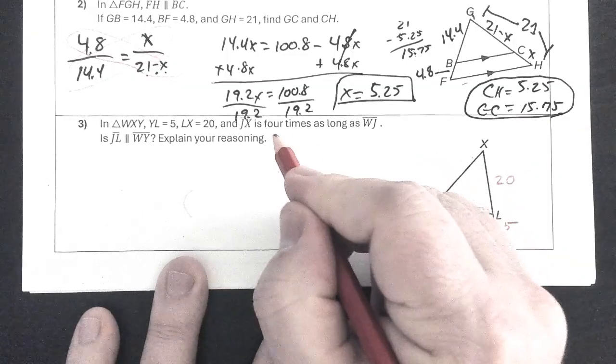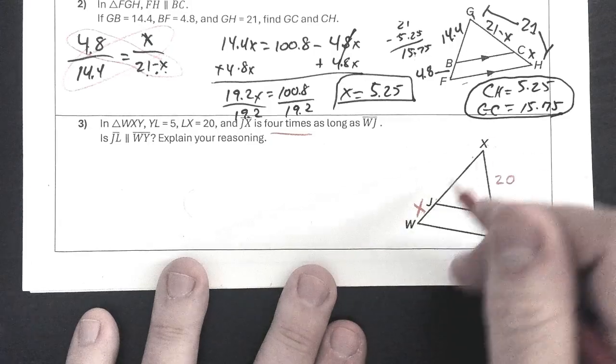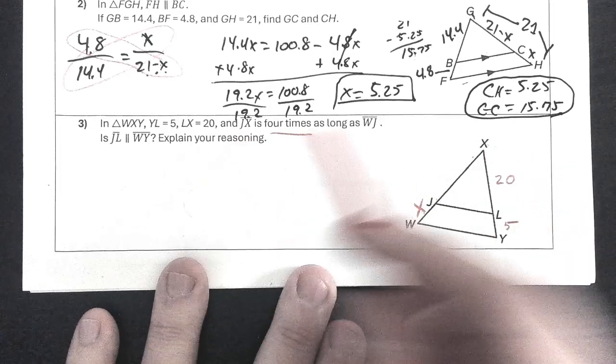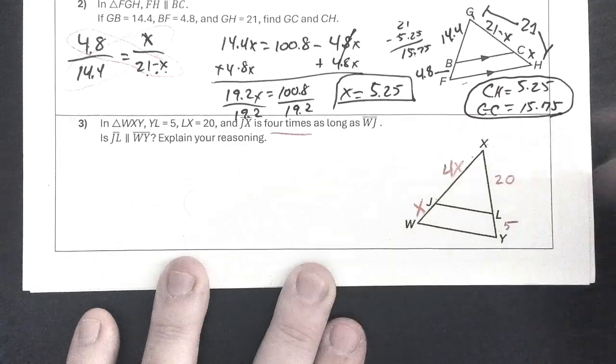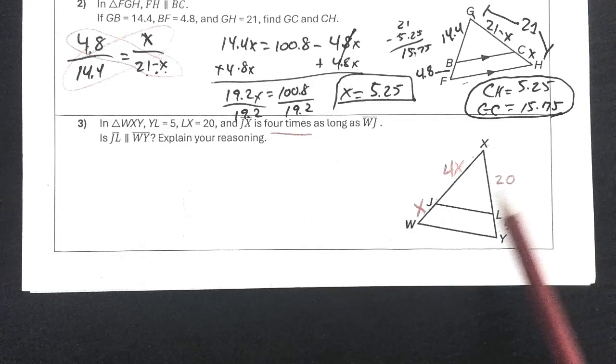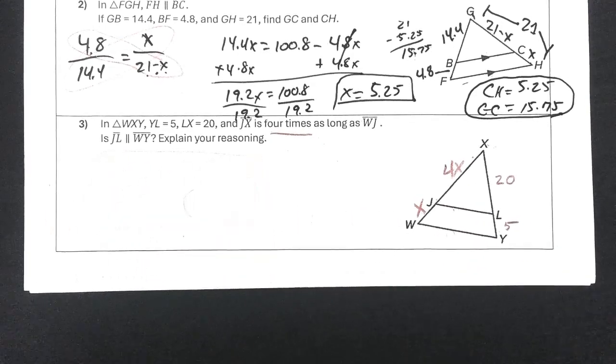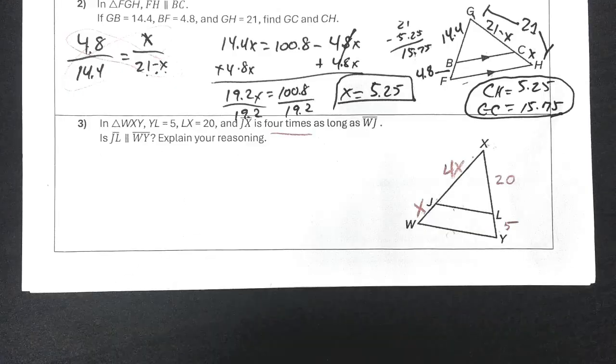Remember, if we get anything like that, we'll make the smaller guy X, and JX is 4 times, so it's 4X. So there's your proportion. Set it up, and if it equals out, then that's going to make these two parallel, and that's going to be your reasoning. So go to it.